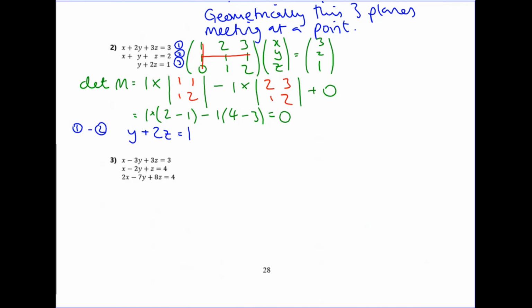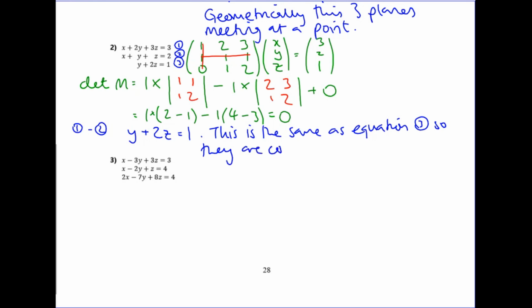This is the same as equation 3, so you can say that these equations are consistent because I've got the same thing. They're consistent. If they're consistent, it means infinitely many solutions.